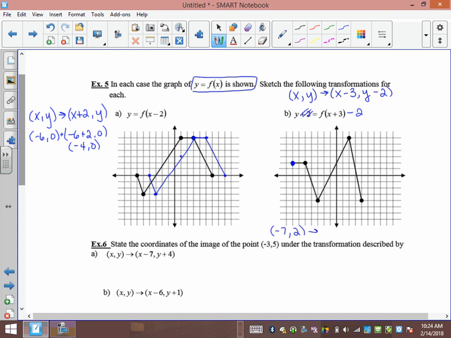And I plug it into mapping, I'm going to get negative 7 minus 3 and 2 minus 2. So my new point is actually at negative 10 and 0. Here. Okay?